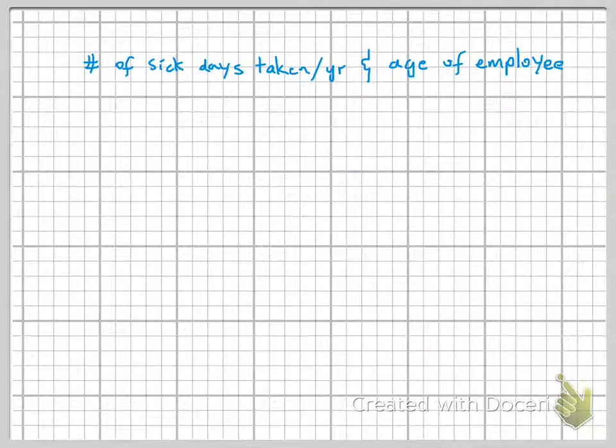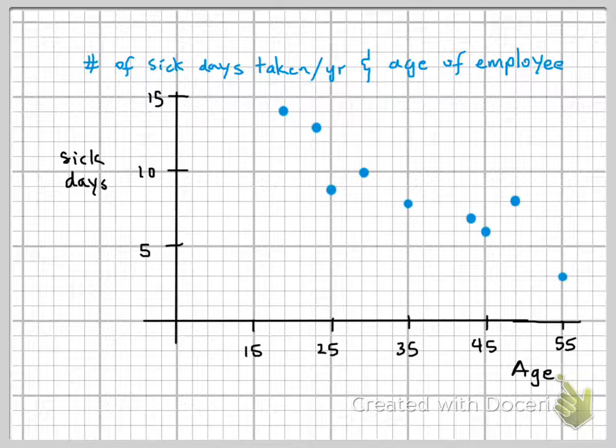Or the number of sick days the employees in the company take against the age of the employees. Look at this one. You can see that the points seem to be falling the older the employee gets, right? That one has an inverse relationship, you will say. A person who is 17 or just about 15 years of age, you can see how many sick days they take.